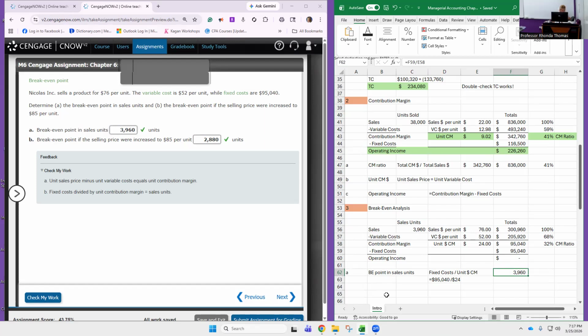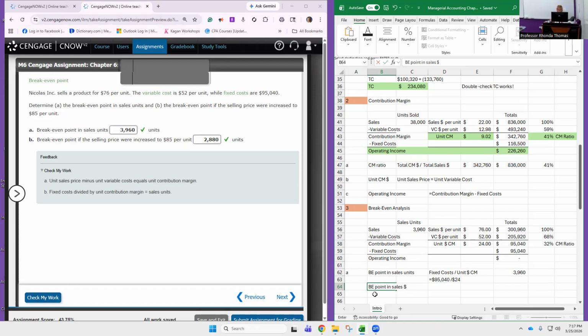You can also find break-even dollars. Sometimes they'll want you to do this, sometimes you won't. I'm just going to put break-even point in sales dollars. So one's in units and one's in dollars.